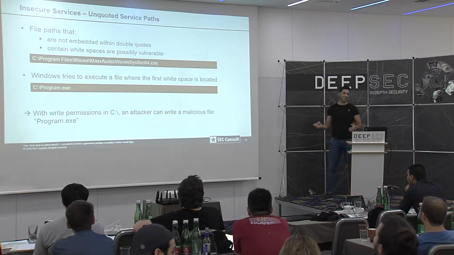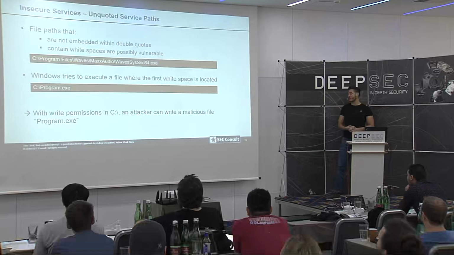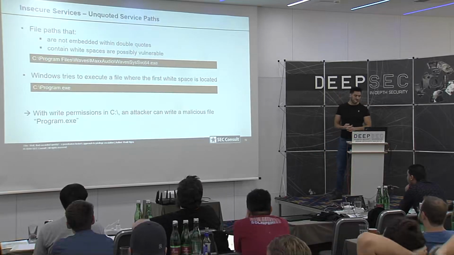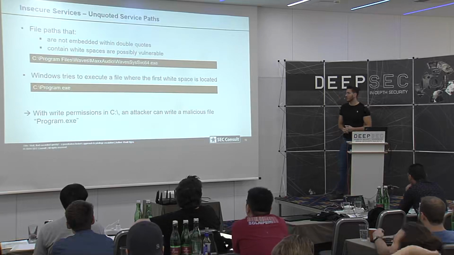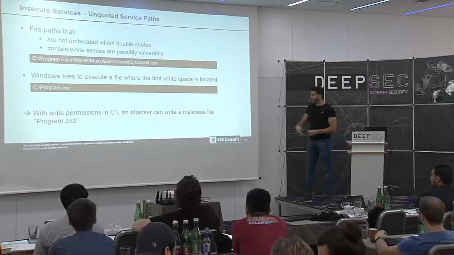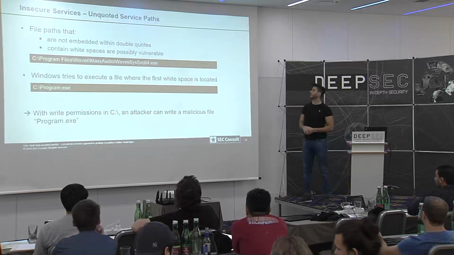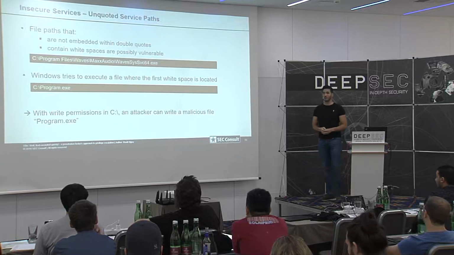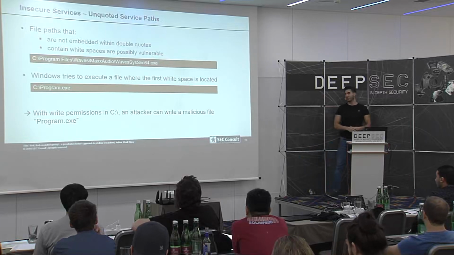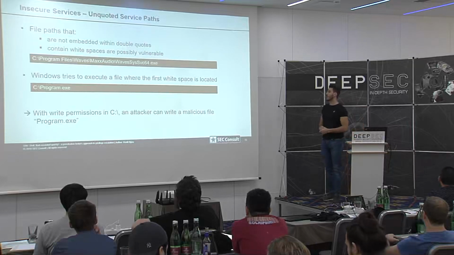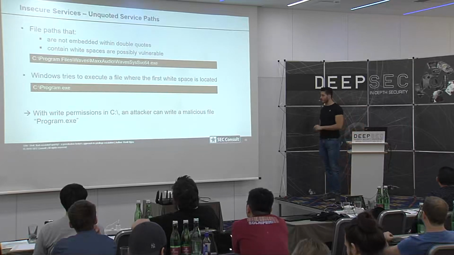Why is it this way? I don't know. Maybe there's a reason for that, but actually this was one of the vulnerabilities that I have also discovered on my own Dell notebook. So I had this super duper audio software which runs under system privileges, and had an unquoted service path.